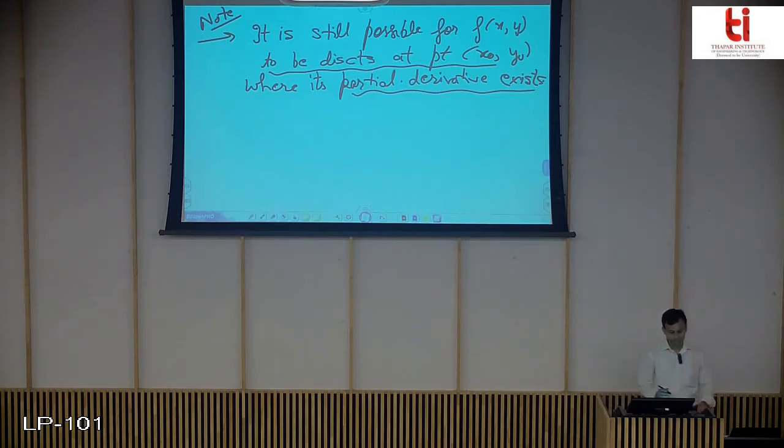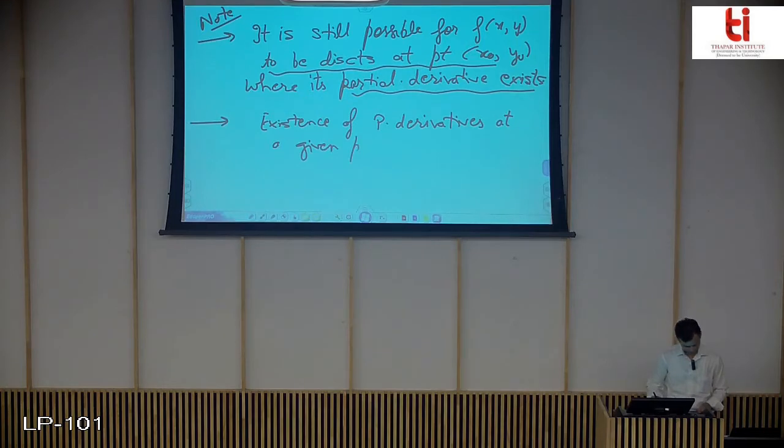So it means that existence of partial derivatives at a given point, existence alone, let me write it here, existence alone of partial derivative at a given point is not enough for continuity of f(x,y).